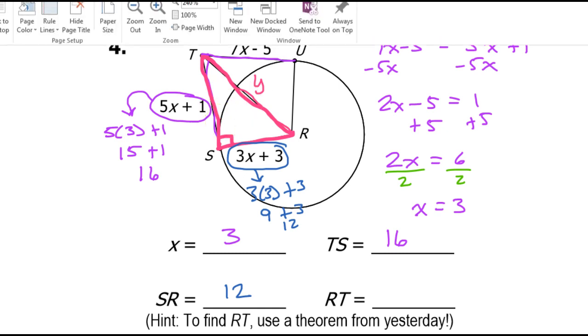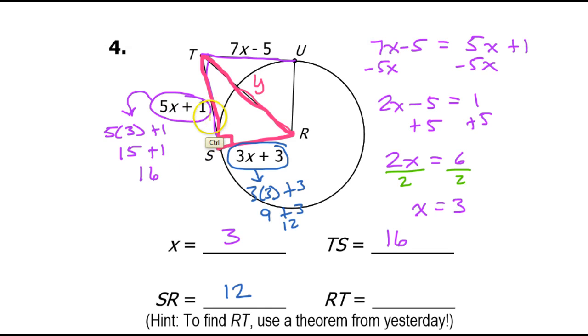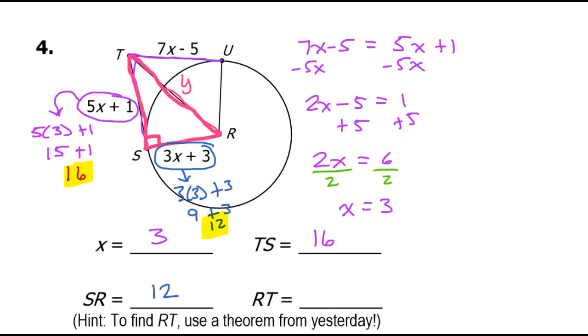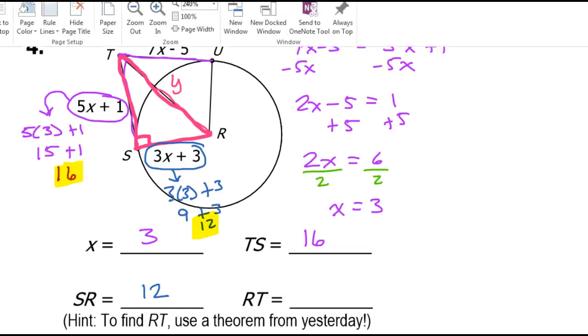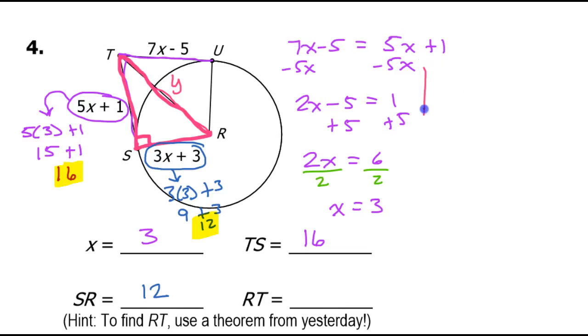On this right triangle, I know that one leg is 16, and the other leg is 12. So I have 2 legs, and I'm trying to find the hypotenuse. Well, this looks like a job for the Pythagorean theorem. A squared plus b squared equals c squared. Leg squared plus leg squared equals hypotenuse squared.